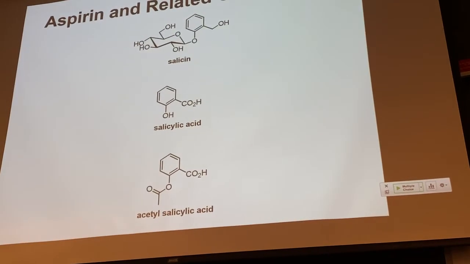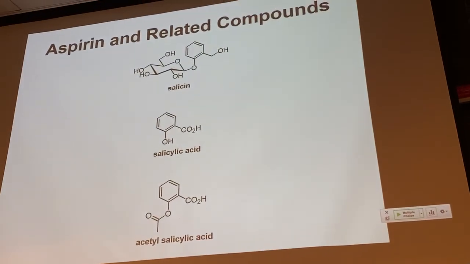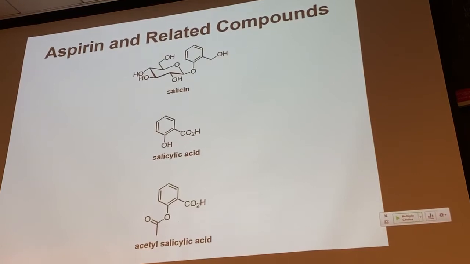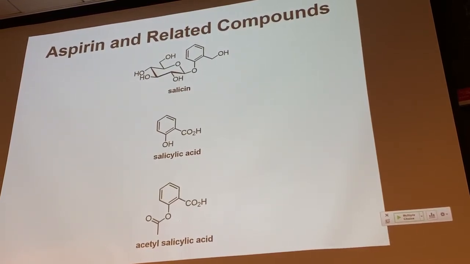Another interesting carboxylic acid is aspirin. This is one that we studied a bit last semester. It is a painkiller derived from salicin, the compound from nature. We can oxidize and hydrolyze it to get to salicylic acid. And Felix Hoffman at Bayer discovered that if you make this ester from the alcohol, you have a painkiller that has fewer side effects than salicylic acid.